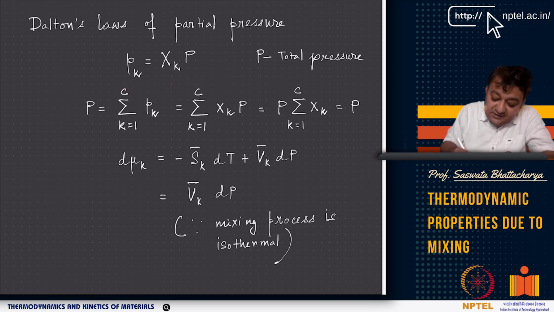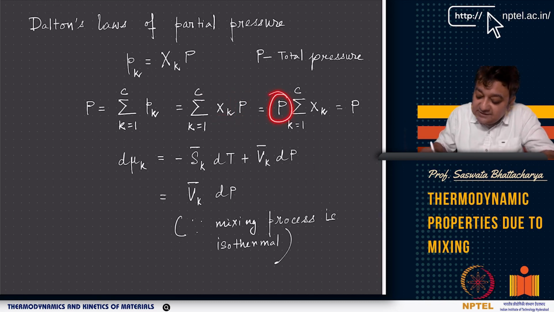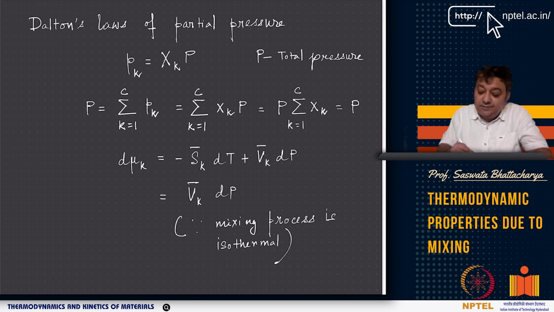If you have C components, P_k is nothing but x_k P, and P is the total pressure which is fixed. The sum of x_k, k equal to 1 to C, is nothing but 1. So this is nothing but P, P equal to P. As you can see, this proves that this is a consistent relation.